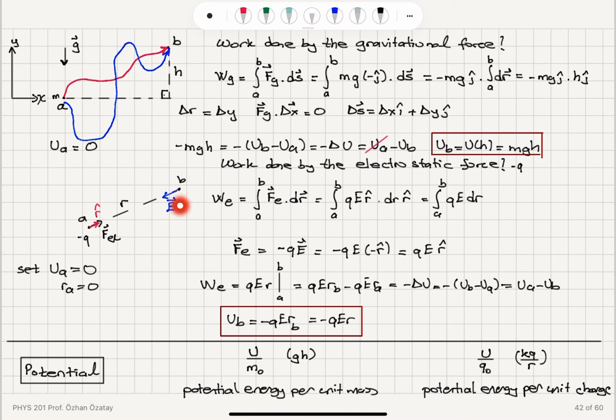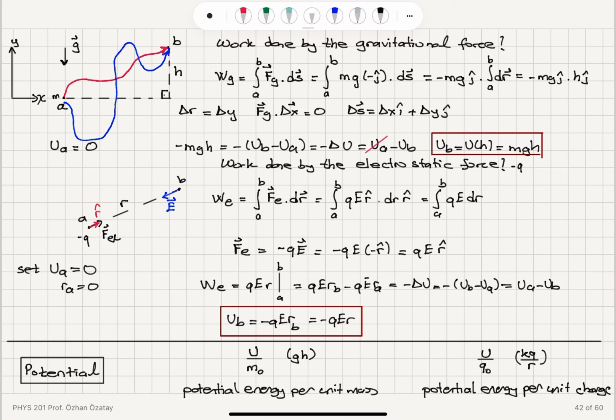If I do the same exercise for a charge minus q that is moving in a uniform electric field E, pointing from point B towards point A, if I set the potential energy to be 0 at point A, I find a similar result. At B, the potential energy is minus qER, because my charge sign is minus here.